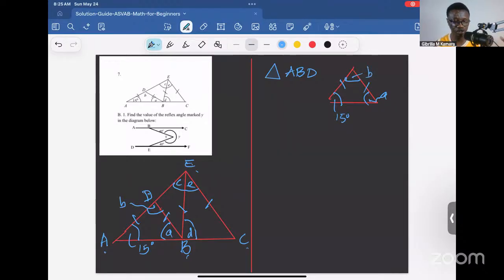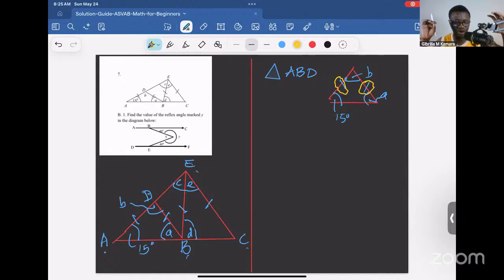There's sum of angles in the triangle, but this is an isosceles triangle. And the reason why it's an isosceles triangle, because you see these two lines. You see this line and this other line indicates that the base angles are the same.